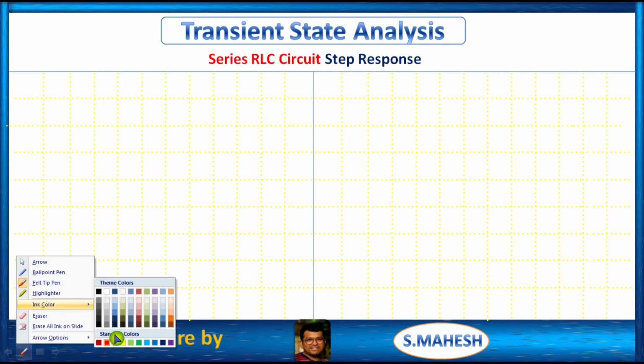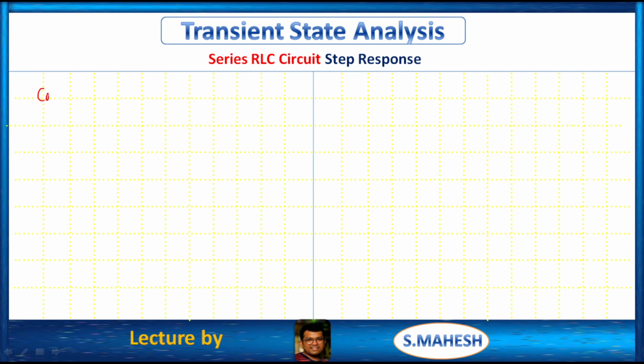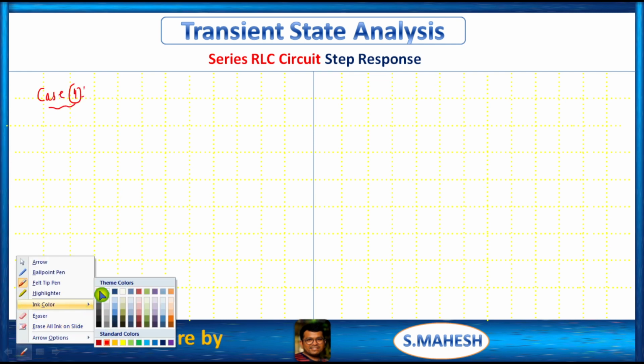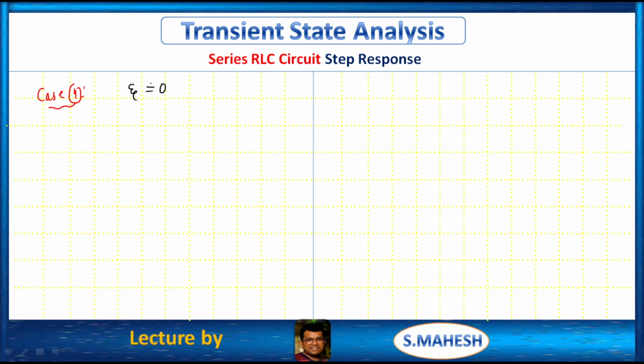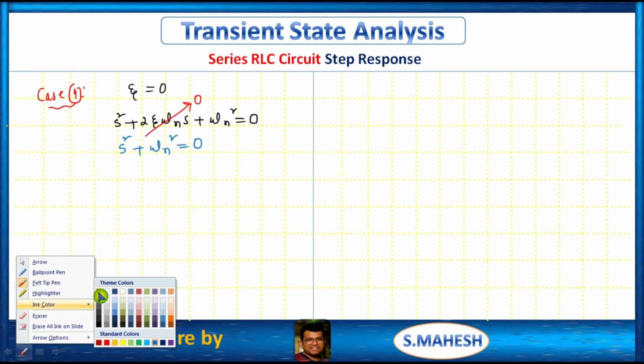Now we will discuss case 4, that is, zeta equal to 0. Zeta equal to 0 means s square plus 2 zeta omega n s plus omega n square is equal to 0. We don't have any zeta term because zeta is equal to 0, so this term should be 0. Therefore, we have s square plus omega n square equal to 0. Now let's discuss one example.